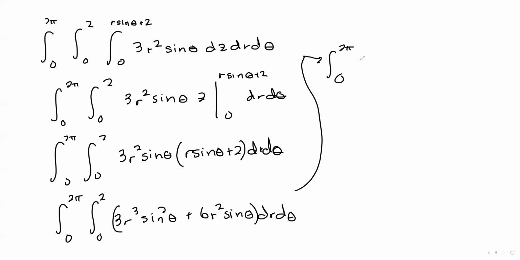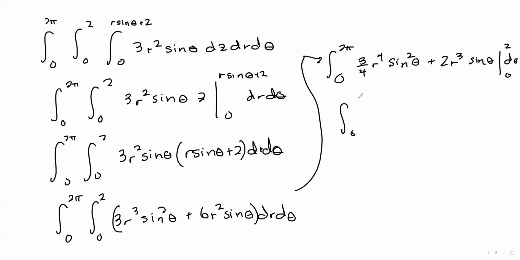We can go through and integrate from 0 to 2 pi. Here we're going to get 3/4 r to the 4th sine squared theta plus, so we've got 6r squared, which is 6r to the 3rd over 3. So we're going to have 2r to the 3rd sine theta, evaluated from 0 to 2 d theta.